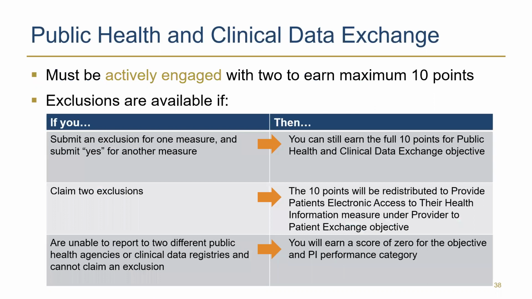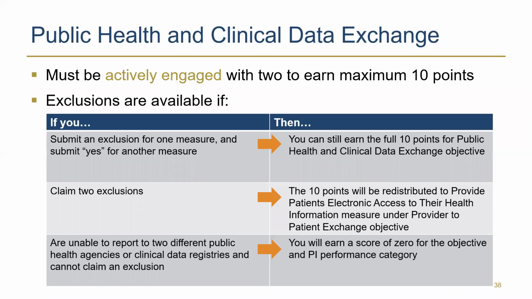Let's talk a bit more about exclusions, as I think many of you are going to be able to claim exclusions for this measure. There are several scenarios in scoring. First, you may submit an exclusion for one measure and submit yes for another one, and you will still get full points because you're submitting data on what you're actively engaged with for one measure, and you have an exclusion for the second measure, so you've met the two measure expectation of this objective.